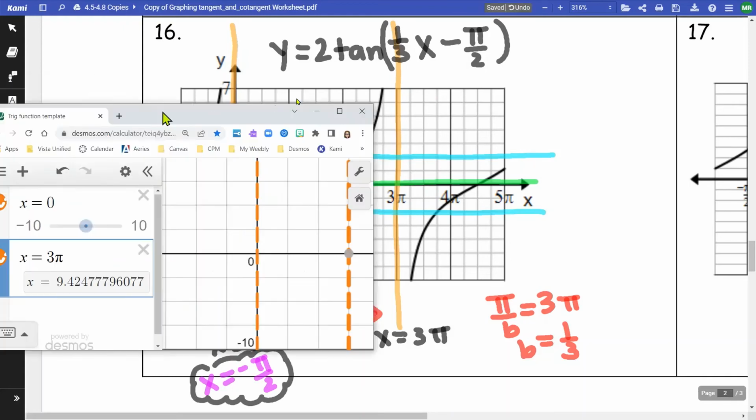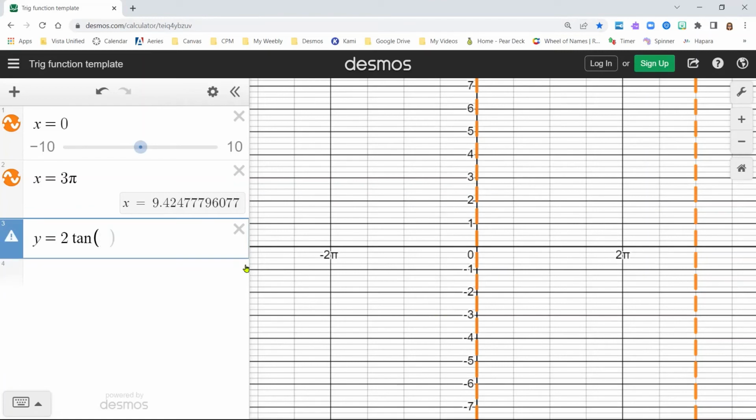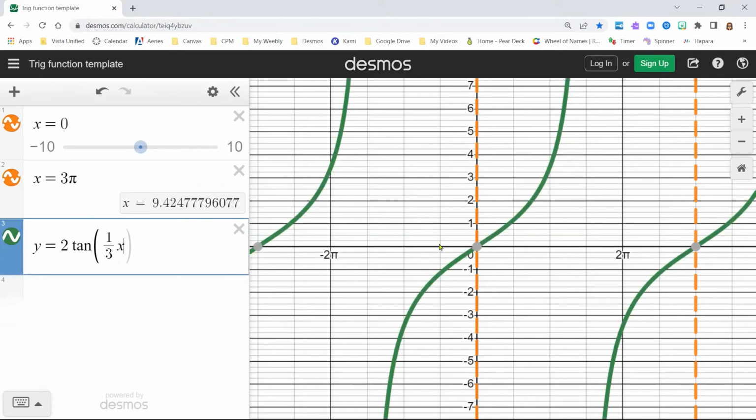So let me just show us on the graph. I have my asymptotes drawn in here. I'm going to go y equals 2 tangent, and then parentheses, because otherwise my 3 ends up dividing my whole tangent. So that's where I would have been. But I don't want my asymptote to be over here.